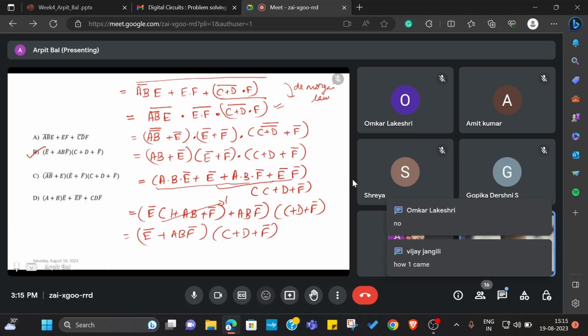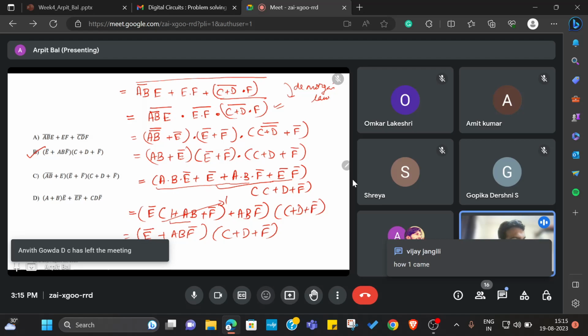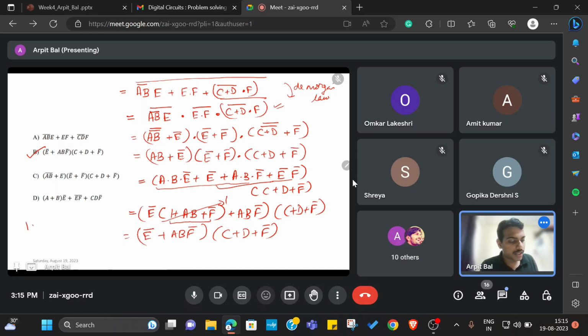How one came? Okay, so in this portion we have the property 1 plus x. If any of the values is 1, the resulting equation will always be 1, right? So what I did is from these three terms, this one and this one, I took e bar common.